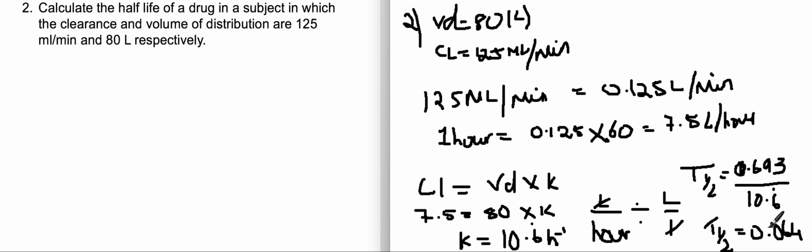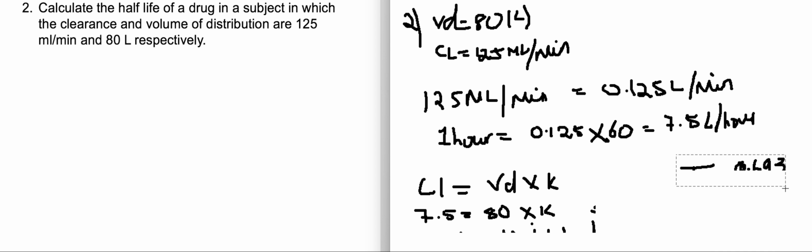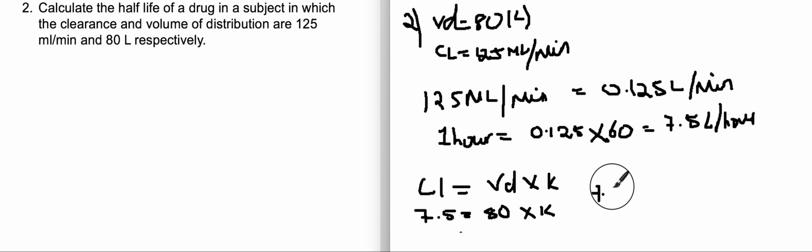Oh, I think I've done something wrong here. No, this bit is wrong. Sorry, I did this bit of the calculation wrong. It's in fact meant to be 7.5 divided by 80.